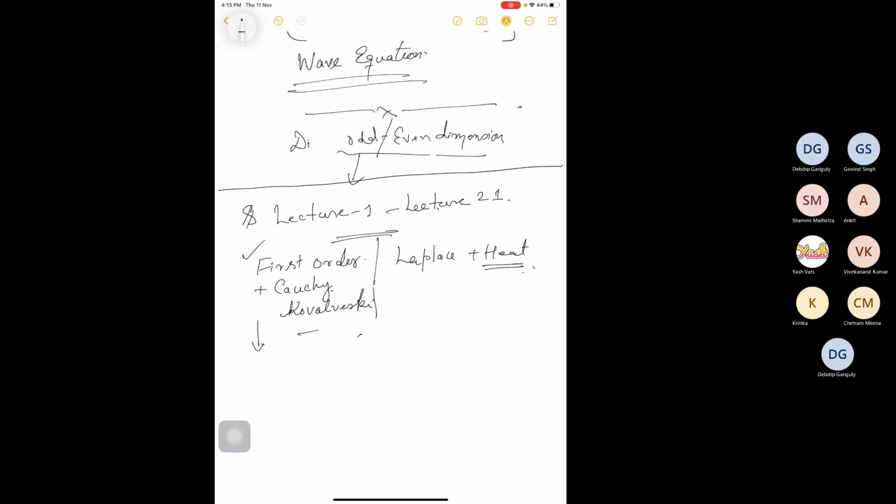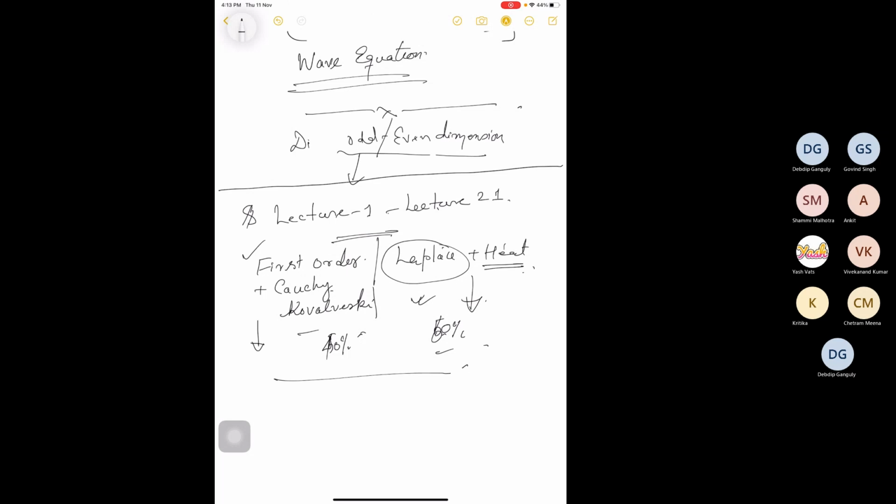Of course, there are some questions from here also, and of course here. Basically Laplace, I don't know whether it will be 50-50 weightage, but I will try to have more on this equation, or maybe 60-40 kind of thing. I'm not sure. But these are the two main parts: first order and Cauchy-Kovalevsky, and the second part is Laplace and heat equation.